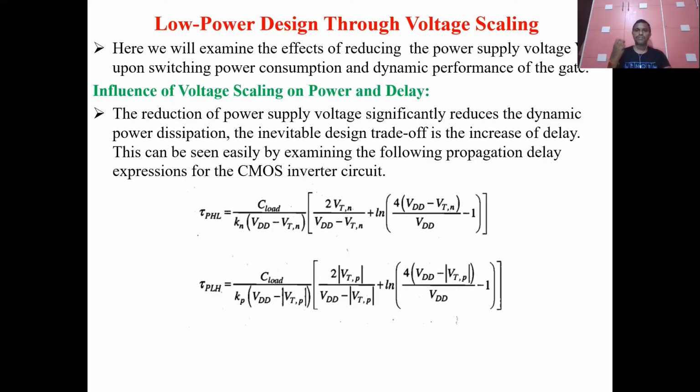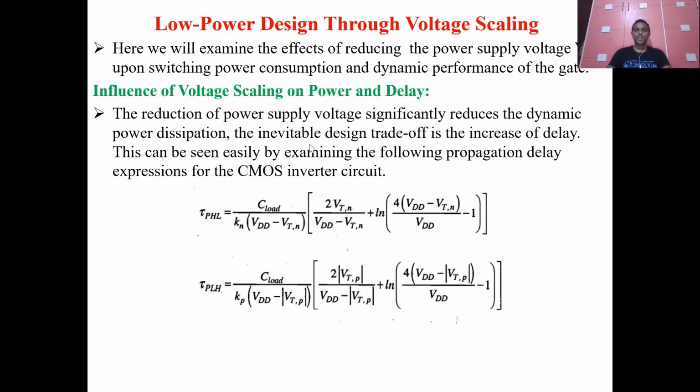All the parameters can influence the dynamic power consumption, but we can easily reduce it by voltage scaling, that is, by reducing the power supply voltage. The reduction of power supply voltage significantly reduces the dynamic power dissipation.